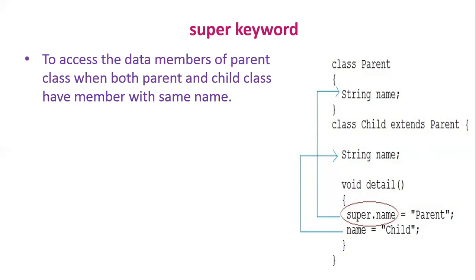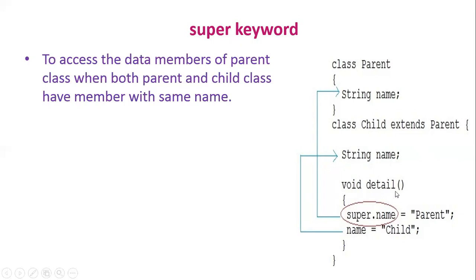First, it is used to access a data member of the parent class when both parent and child class have a member with the same name. So here you can see this is a parent class. It has a variable with the name of type string. Then this child class also has a variable with the same name.